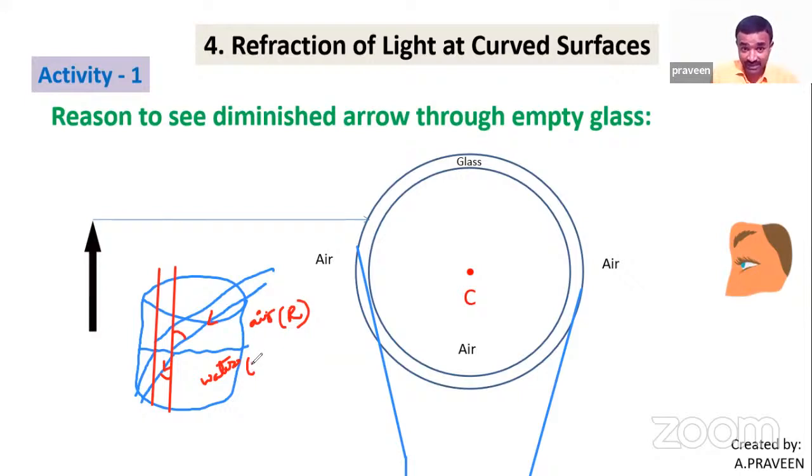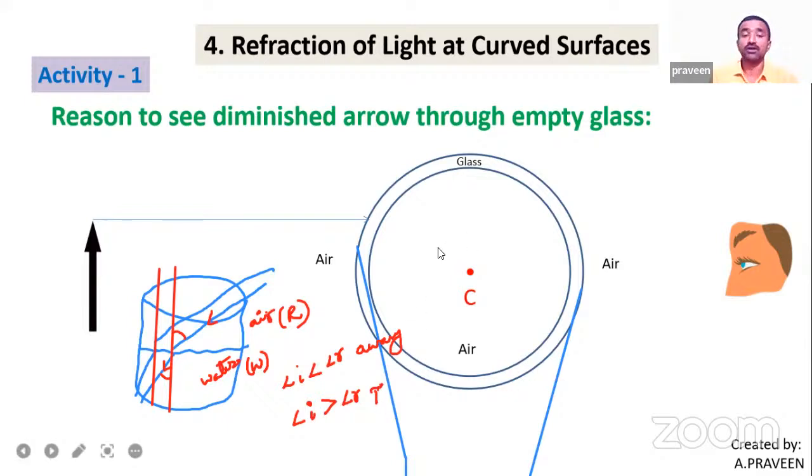How do I decide? That is based on the angles. If the angle of incidence is smaller than the angle of refraction, I call it away. If the angle of incidence is greater than the angle of refraction, I call it towards. So here the light ray bends.